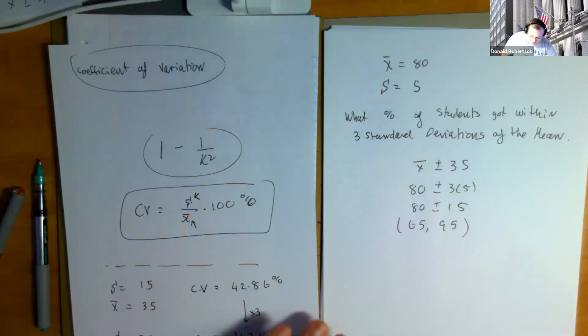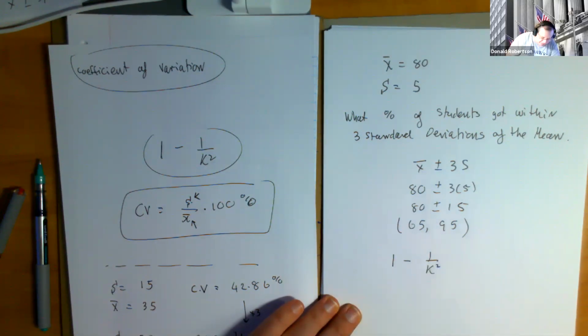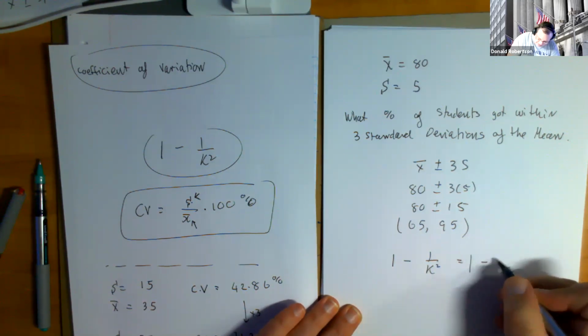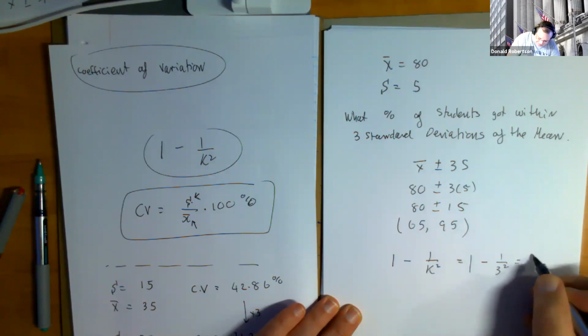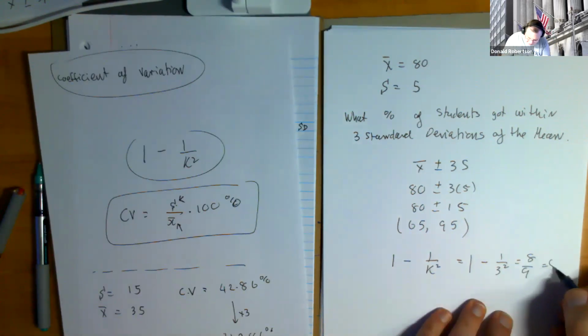Well, let's see what that looks like. According to the Chebyshev formula, where k is 3, that's 8/9. And I had that a minute ago. It's 88.8%, if you want to be accurate.